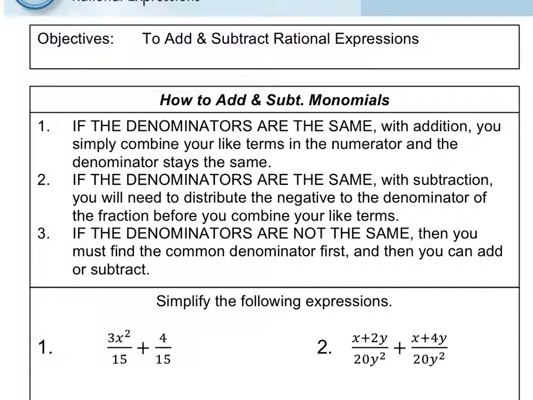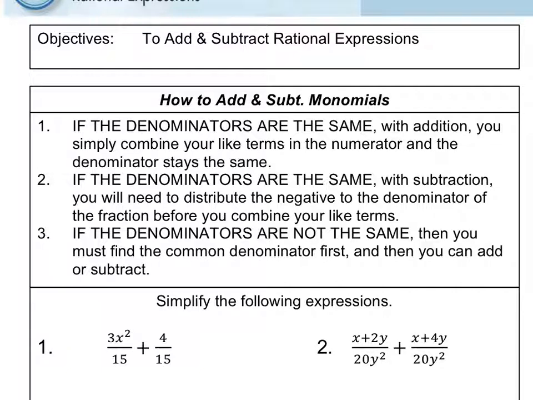So first thing here as we look, one of the important things: if the denominator is the same, with addition, you're going to simply combine your like terms in the numerator, and then the denominator stays the same. If it's subtraction, you may have to distribute the negative if there's two terms on the second example.